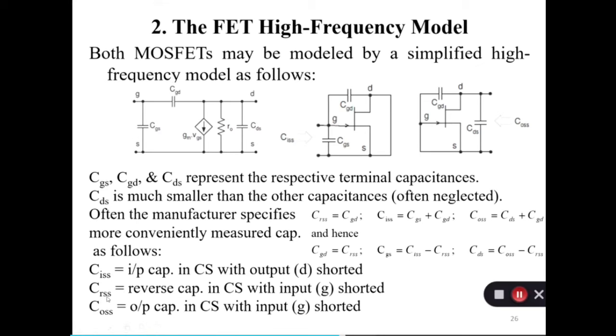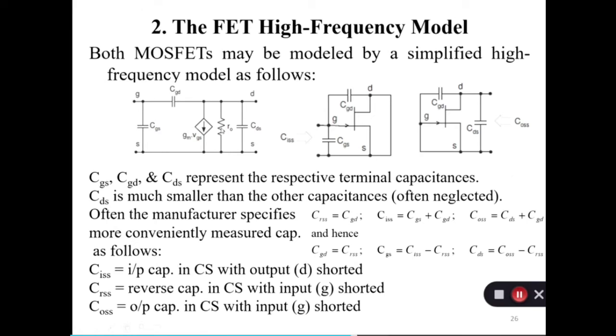Now CRSS. CRSS is the reverse capacitance in common source with input gate shorted. The third one is COSS, the output capacitance looking from the output with input gate shorted.